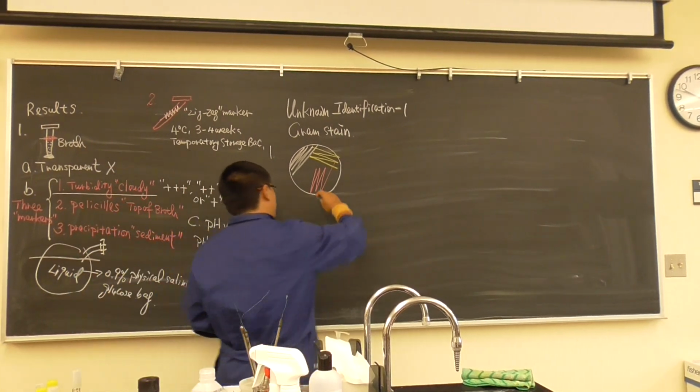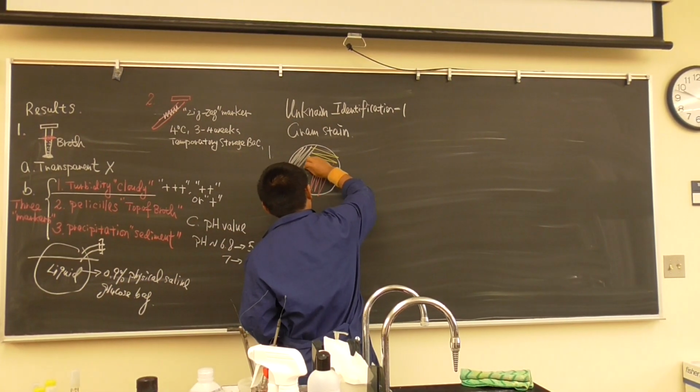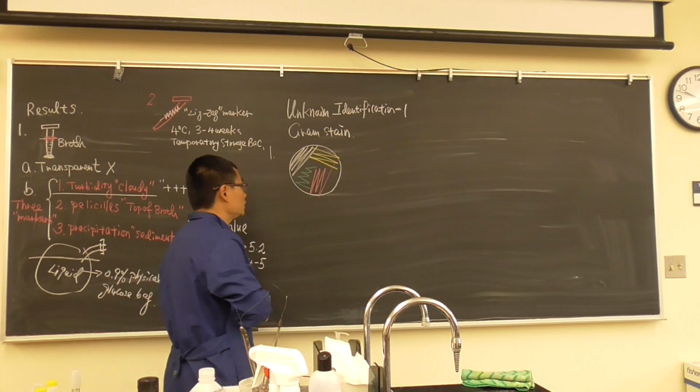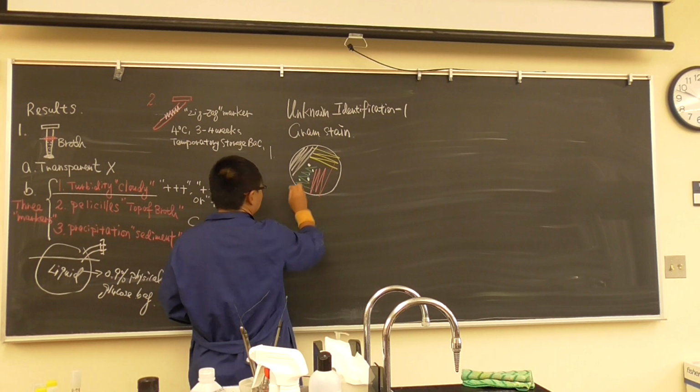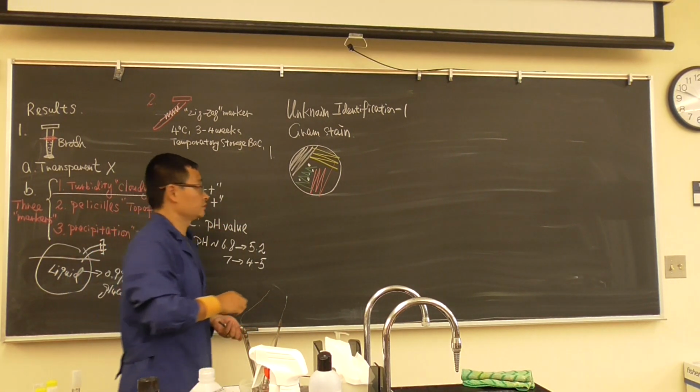Absolutely, you see some bacterial colonies growing there. You see a lot, and some of them grow big. Is that correct? Some of them are a big chunk of smear.